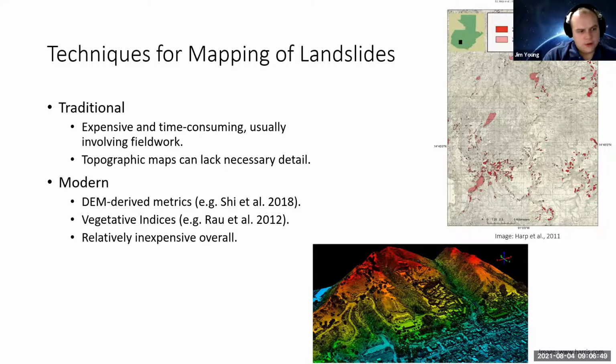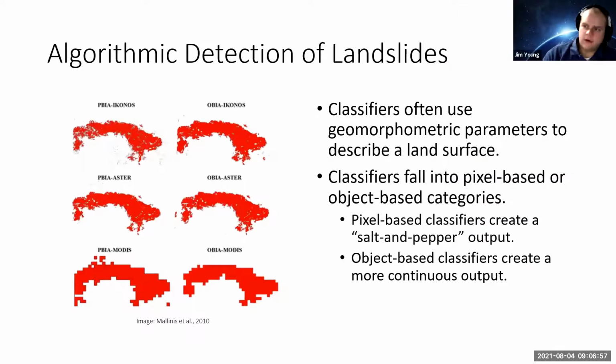These methods can be overall relatively inexpensive for the actual mapping cost. Then we get into algorithmic detection of landslides. Classifiers often use what are called geomorphometric parameters to describe a land surface. These relate back to DTM-derived metrics. And these classifiers can fall into pixel-based or object-based categories.